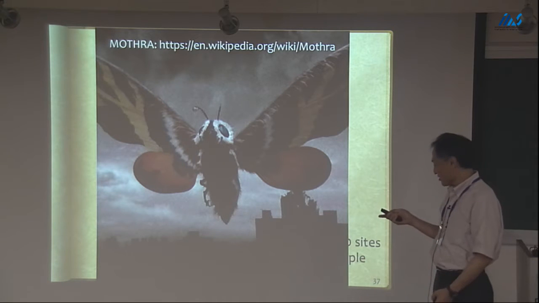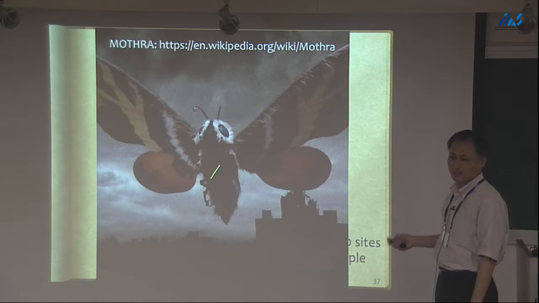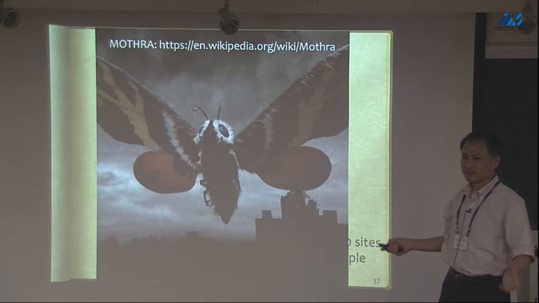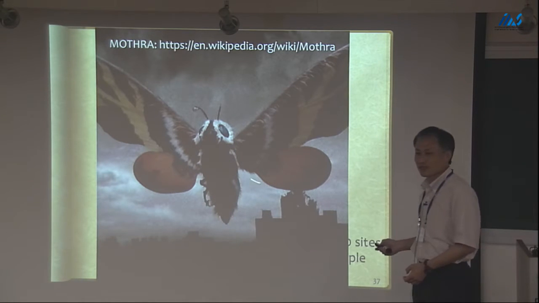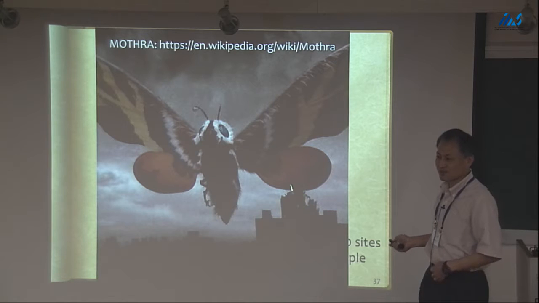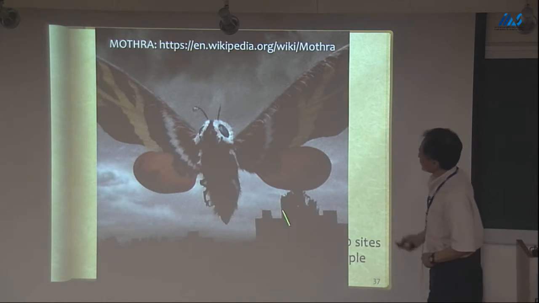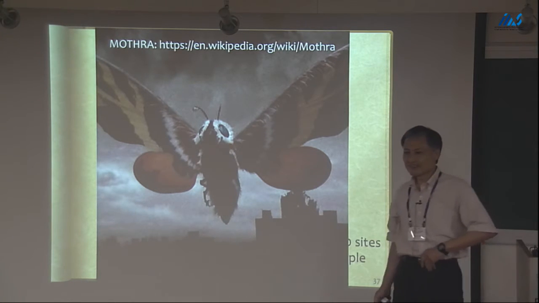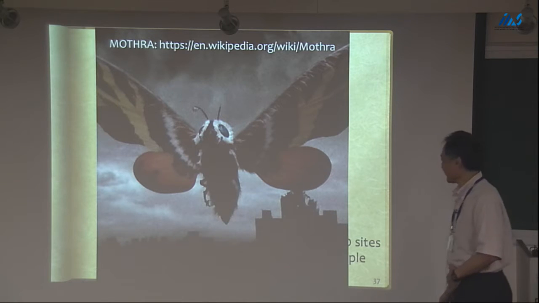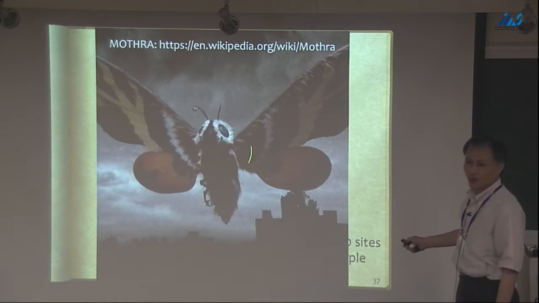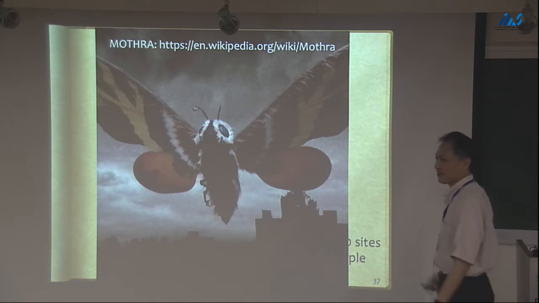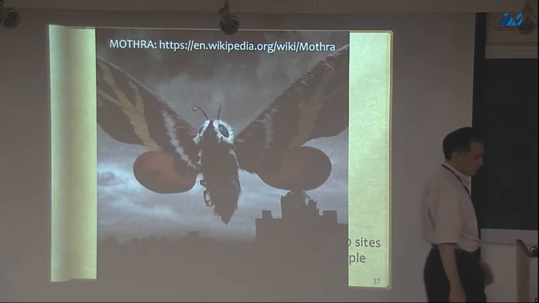David Nelson knew this, and he named that spectrum Mothra, but I understand that nobody else knows it. It is one of those Japanese monsters in movies. You can see these are buildings, so you can see how large this is. So it's a big moth.